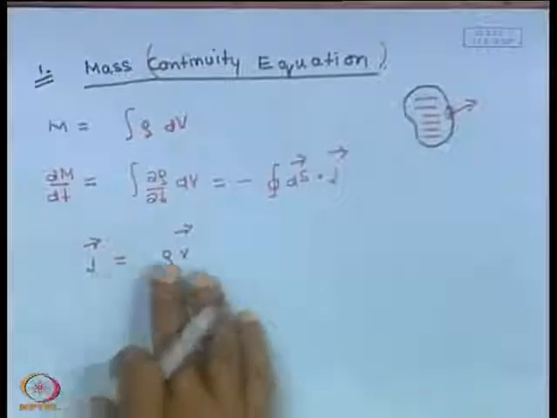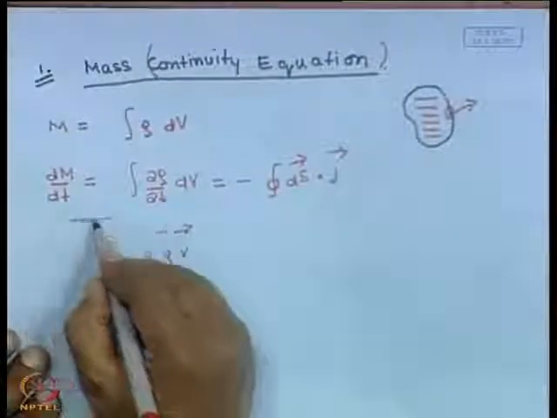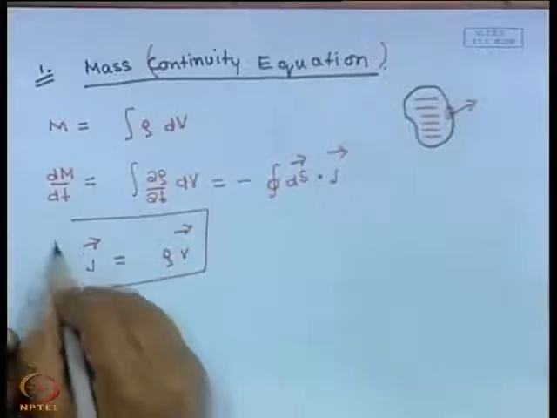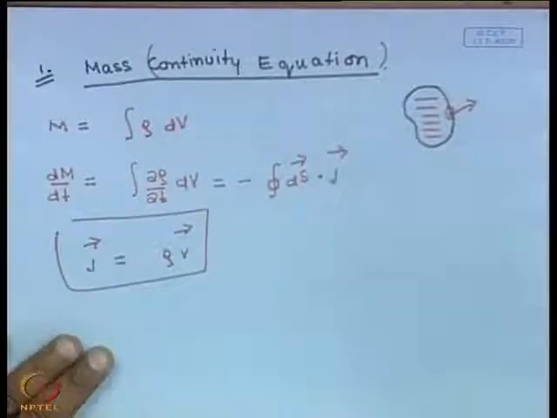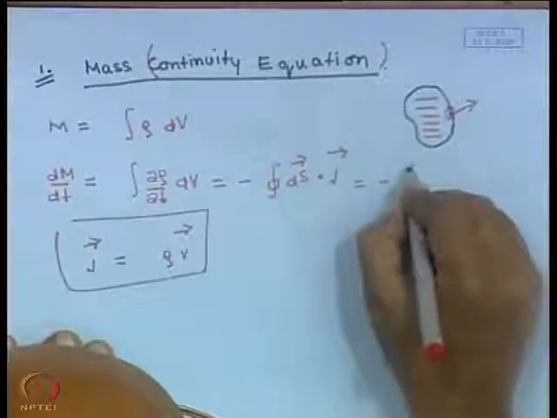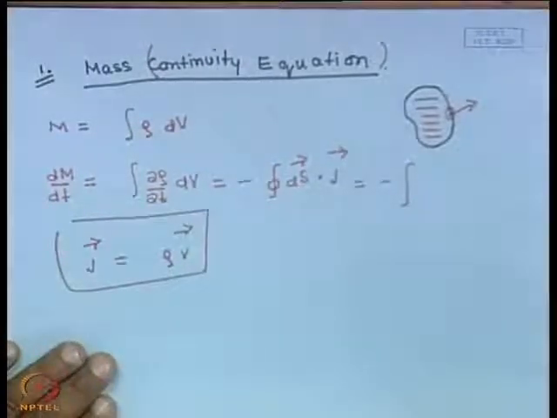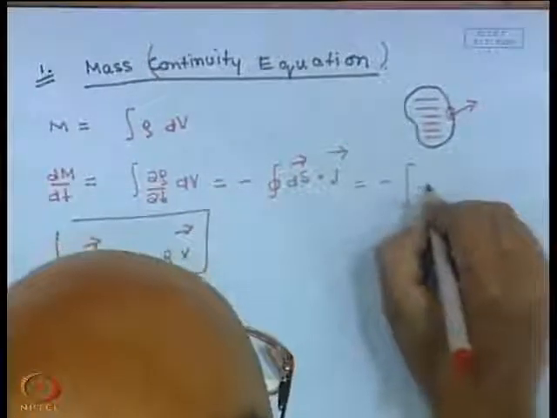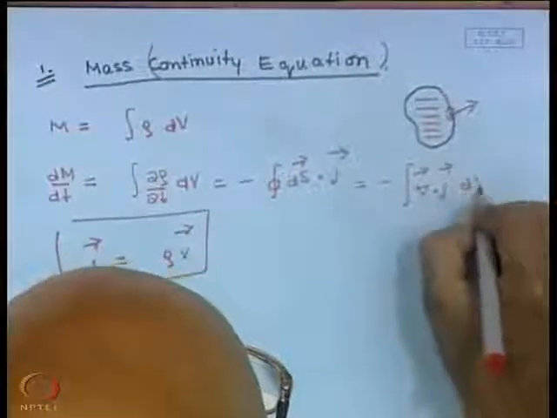Now, I have this over here. Let me now do it in more general terms. This term, using Gauss law, we can write as minus, now this is a surface integral that can be converted into a volume integral of the divergence of this current. So, I can write it as del dot J dV.